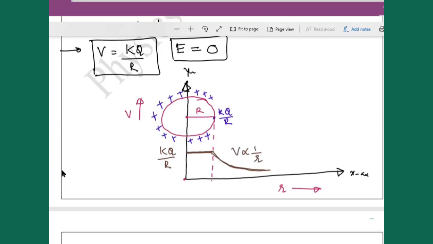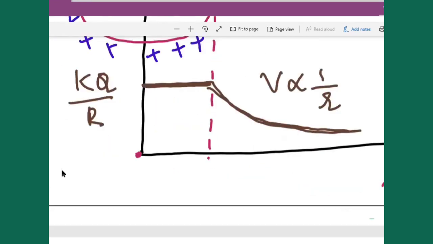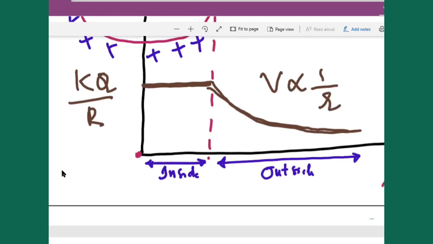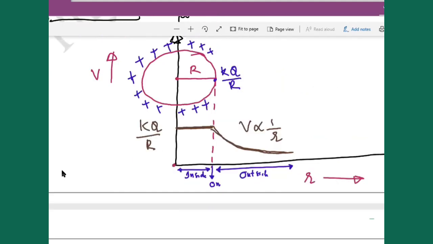If I take the values here, this is nothing but the inside part, and this part is the outside. This part is on the surface. Now you can see it. Is it clear?